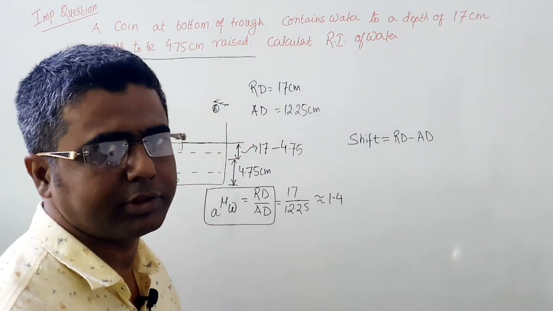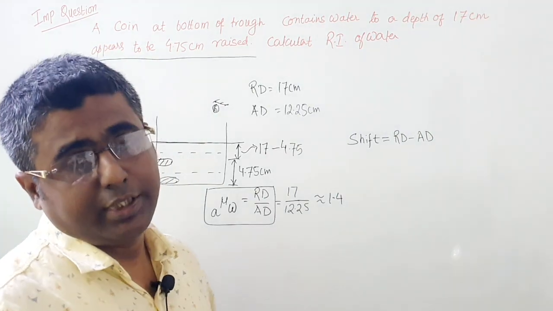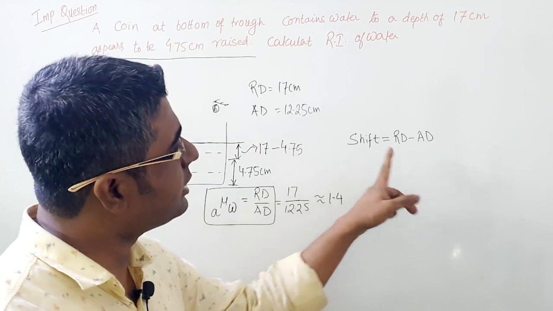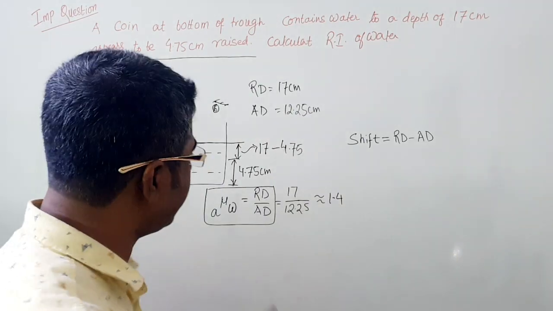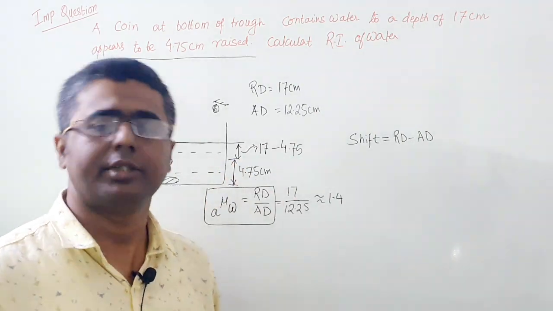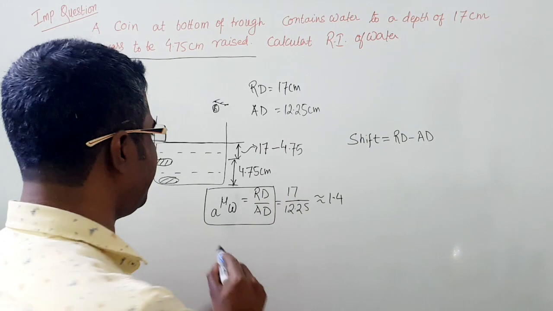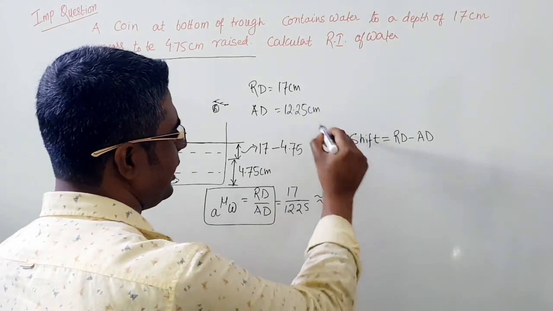So this is just a concept. You need not remember the formula of shift in a separate way. You have to remember shift is real depth minus apparent depth, and the refractive index of the medium is real depth by apparent depth. So it is a very easy problem, and this much is the concept. Number 1, the real depth, apparent depth concept.